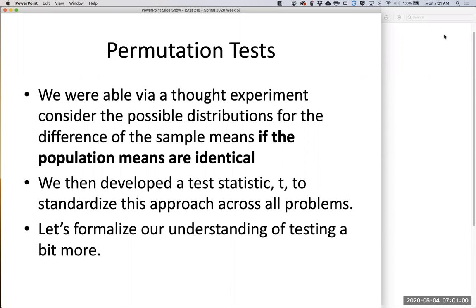Now, if we were to do that over and over and over again, we end up with something that is mathematically almost exactly equal to the method we're going to be introducing today, a t-based hypothesis test, a test statistic that we're going to call the t-test.